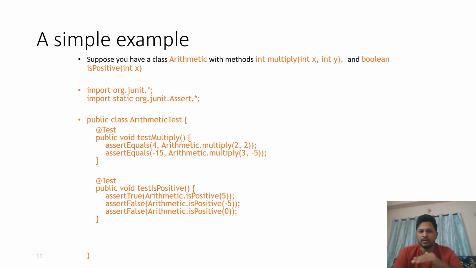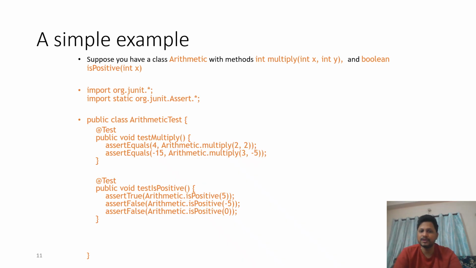For example, below we have used arithmetic.isPositive of 0. Is 0 positive or negative? 0 is neutral, not positive, but method-wise we are treating it as negative. So the method should return false for it.